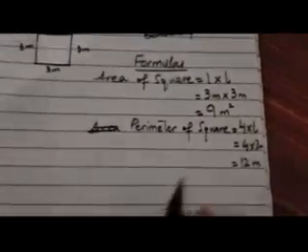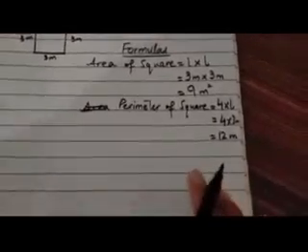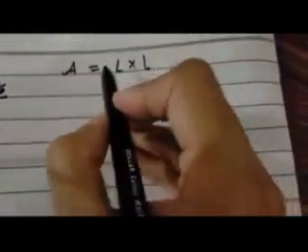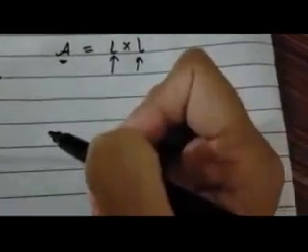Got it? Okay, now these are the simplest forms to find out the area and the perimeter of the square. But they may give some other values. As you know, the area is equal to length into length. That means if you have the length, you will multiply length into length and you will get the answer of area. What if they give the value of area, how can you find out your length?